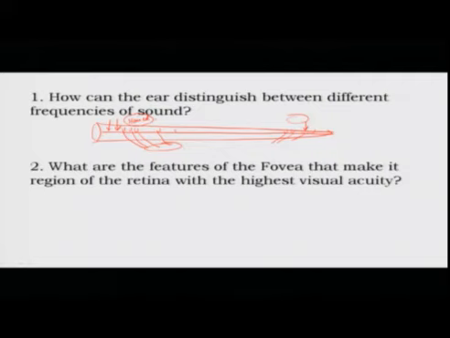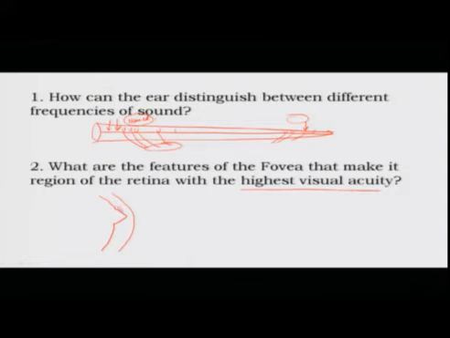Then let us talk about the second question. What are the features of the fovea that make it the region of the retina with the highest visual acuity? Remember the fovea, the part of the retina which had this pit-like depression. Number 1 is this pit.